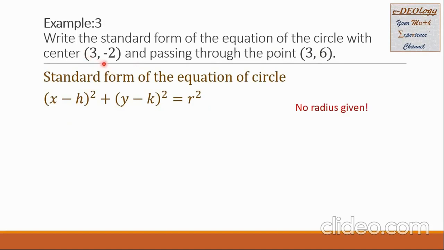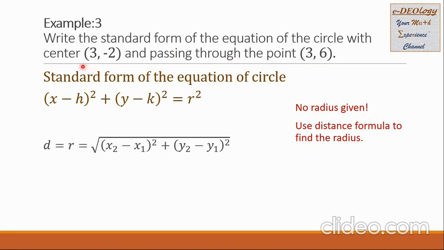The center is here, but there is no radius in the problem. The other given is one point of the circle. So what we'll do is use the distance formula to find the radius. We have two points here. So using the distance formula, the radius is equal to this formula.